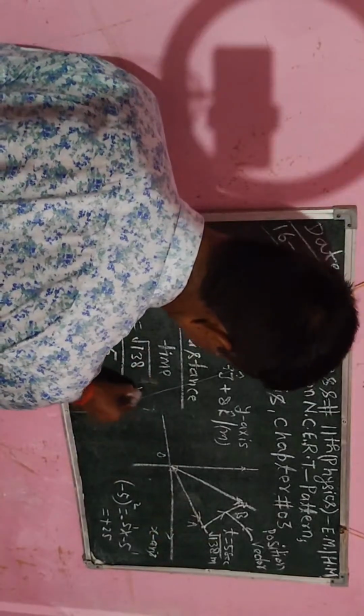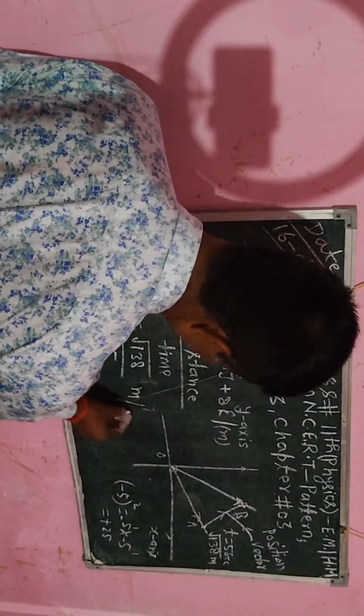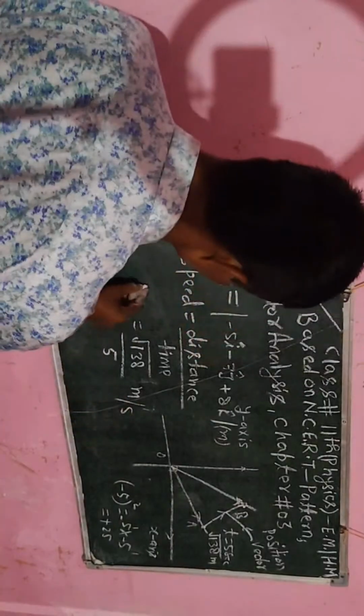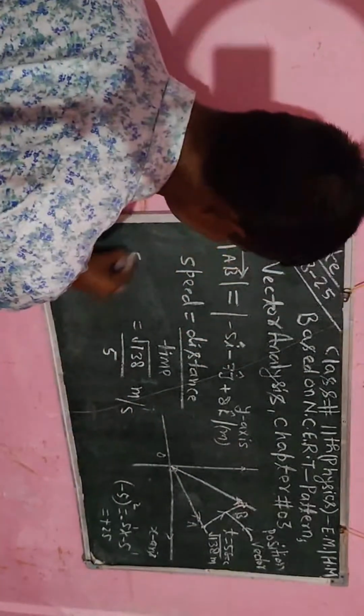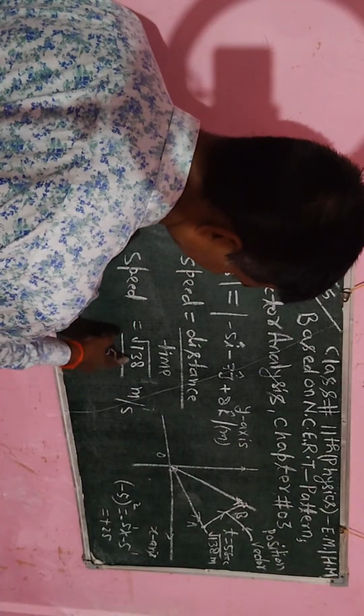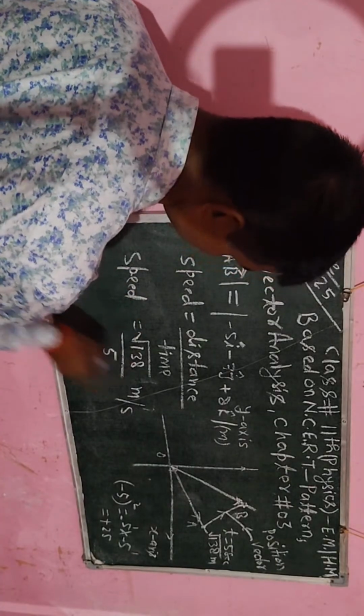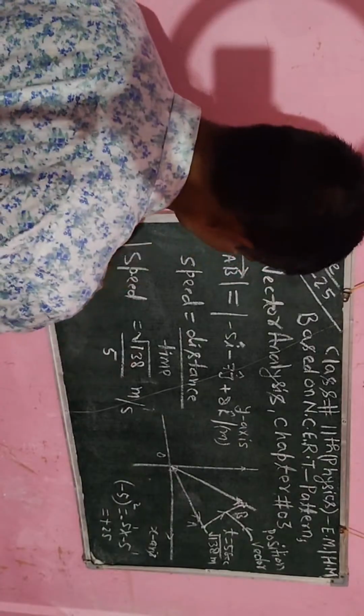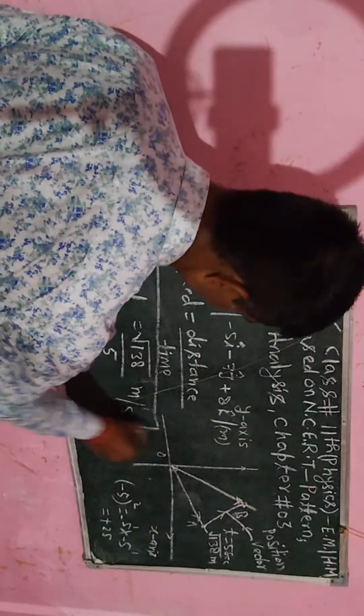Distance is calculated in meter and time in seconds. So the speed is equal to the square root of 138 meter divided by 5. So this is the required answer of my question.